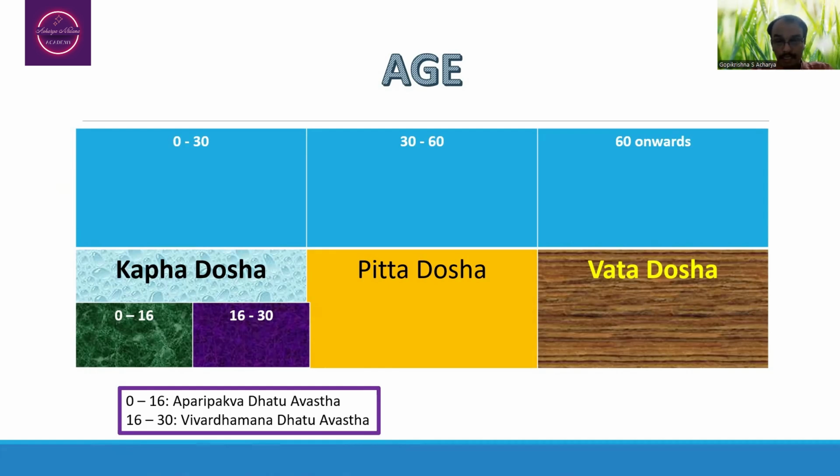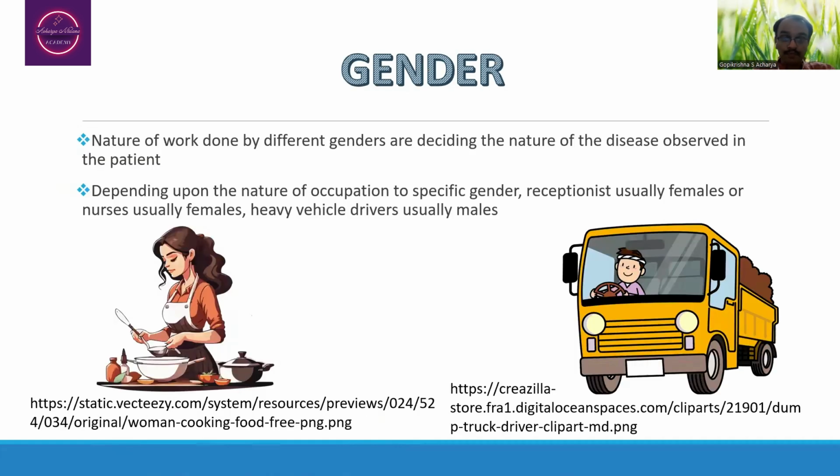In a 32 year old male, there may be a possibility of Pitta dosha vitiation. So the age of the individual will be helpful in making the clinical diagnosis of the possible disease affliction.